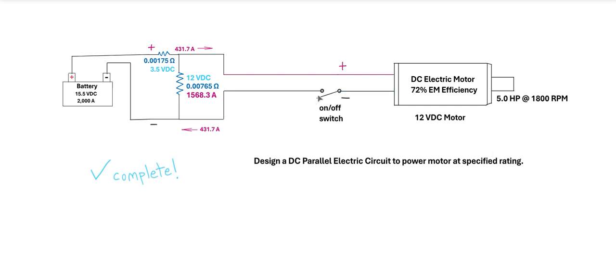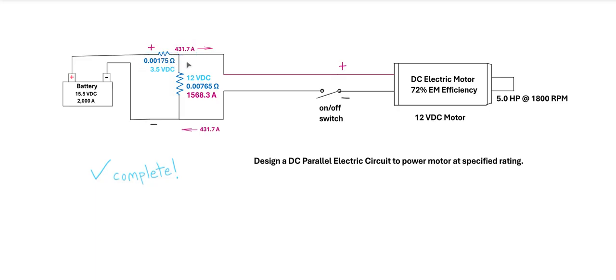Then we have our on-off switch here. When we turn the switch on, we're going to send the electrons to ground. Everything's going to flow from the battery. The battery puts in 15.5 volts DC and 2000 amps, but then it loses 3.5 volts on series, making it 12 volts.